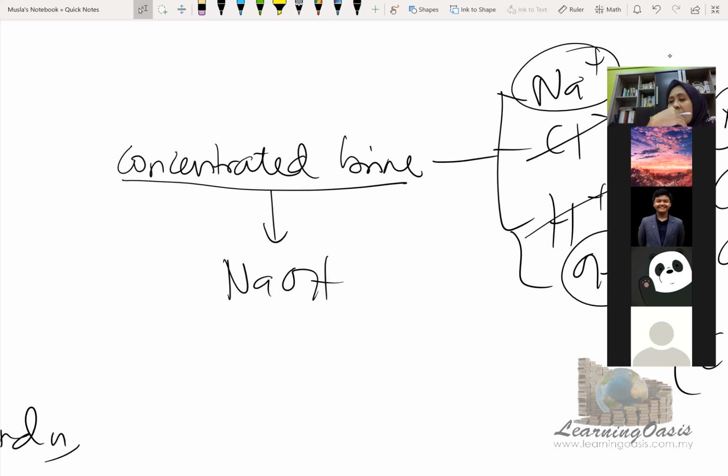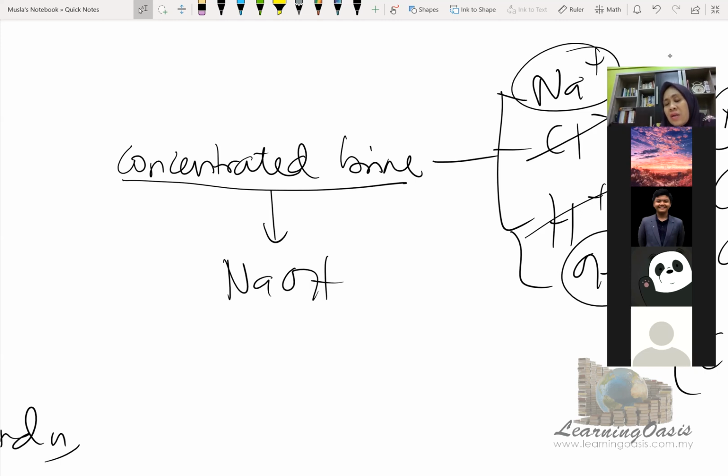Chlorine. So the solution changes from concentrated brine to? Sodium hydroxide. Because you discharge hydrogen, you discharge chloride, so it changes from concentrated brine to sodium hydroxide.